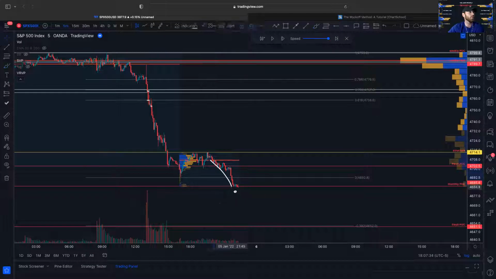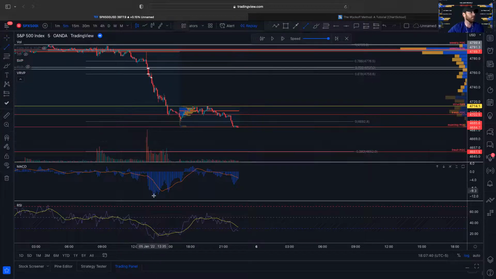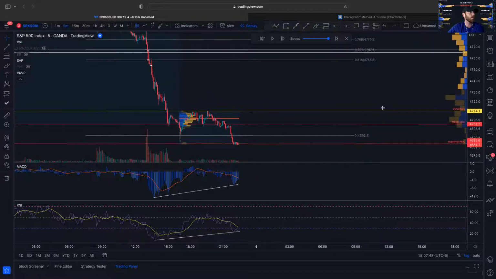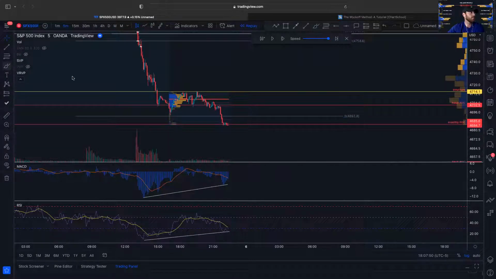So this is signaling the overextended move. We have easily spotted divergence on both indicators. So basically when this thing ticks up, or if it creates what I basically said, then we're going to look for buys.